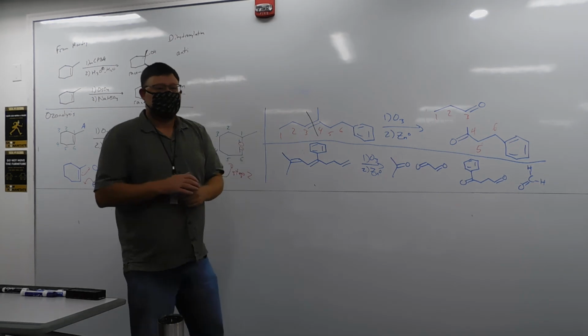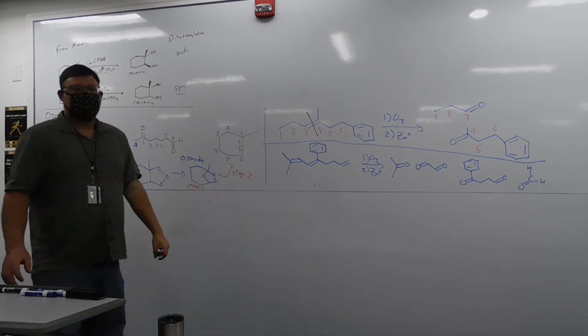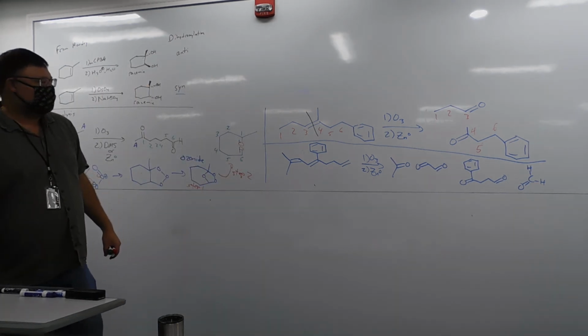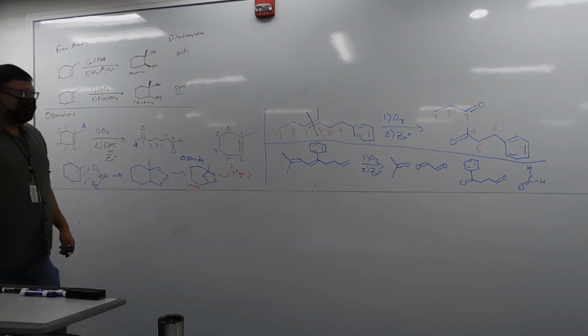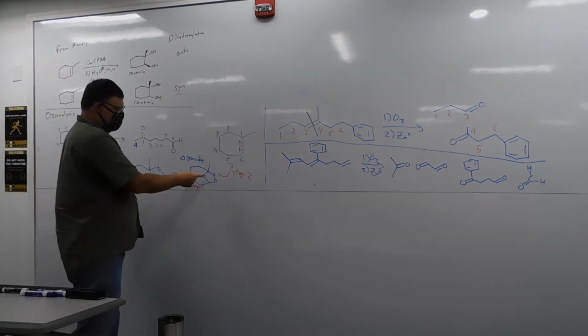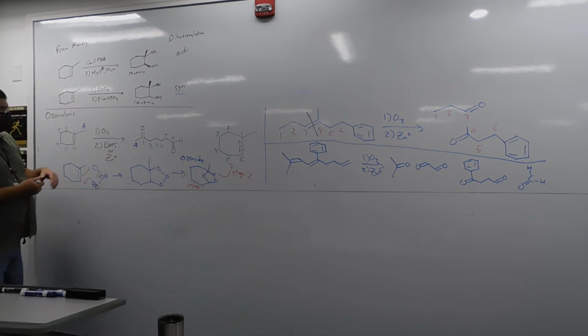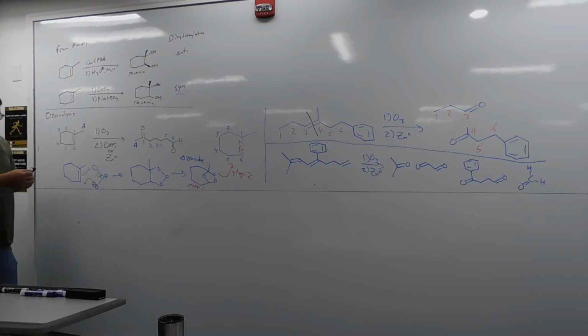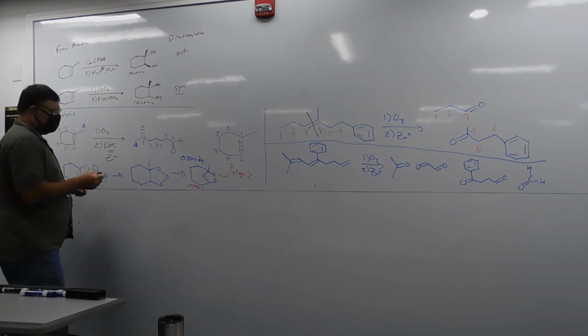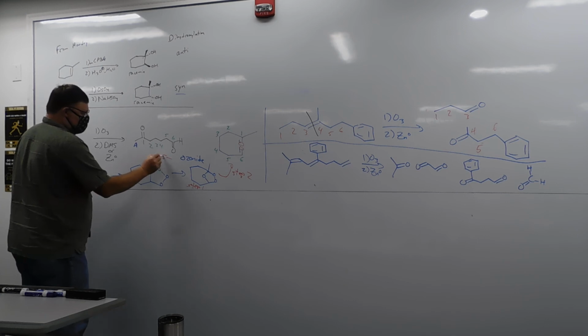This may be a very ignorant question, but where does the third O go? It's a great question. It goes to, so this step 2 is either dimethyl sulfide or zinc. All right. So let's say it's dimethyl sulfide. It's a little easier to see this way.